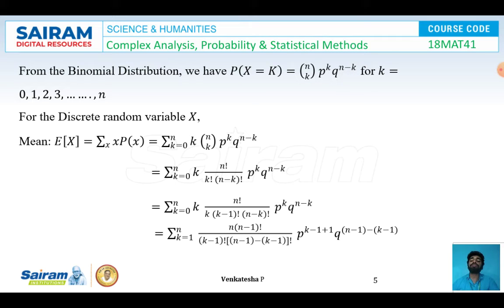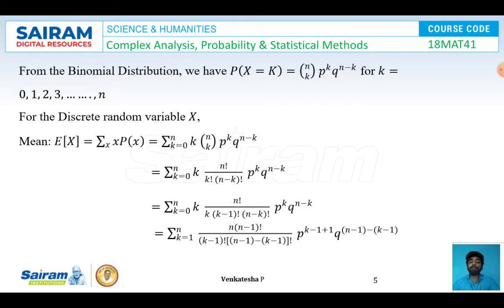So I'll be converting all the x variables in terms of k. So I got the expression summation k from 0 to n of k into nCk p^k q^(n-k).